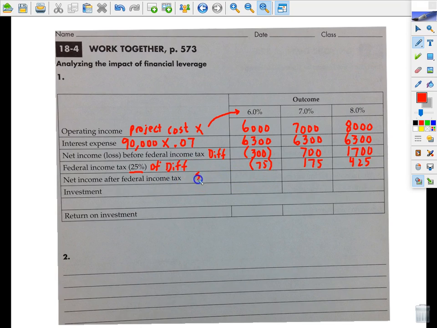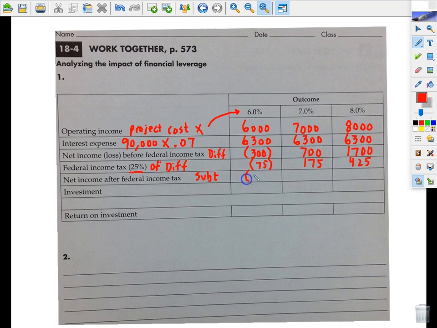Okay, now we're going to subtract again. So I'll just put subtract. Now you got to be careful. Remember math. This is negative 300 minus negative 75. When we subtract a negative, what does that mean? We're going to be adding. So negative 300 plus 75 should be, well, we don't do negative signs, we just use parentheses.